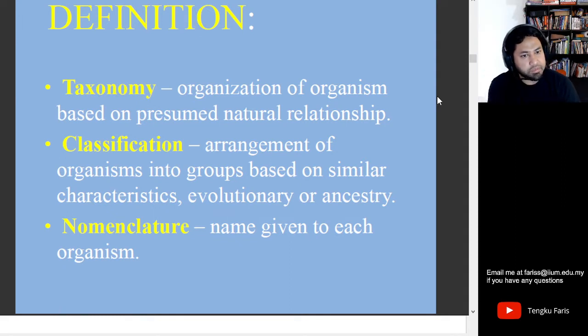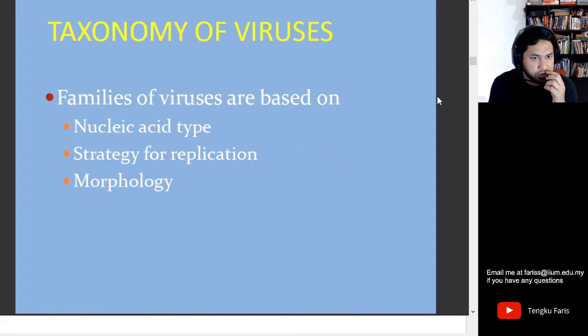Classification is the arrangement of organisms into groups based on their structure, on the DNA or genetic material, on the genes they express, on the characteristics, the shape, the presence of capsid, for example. However, nomenclature is the naming. How do you give a name to a certain virus? So this is just a quick definition of these terminologies.